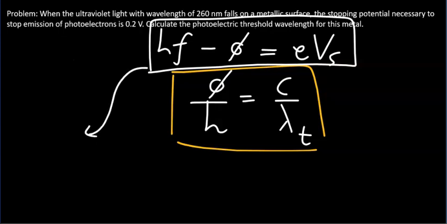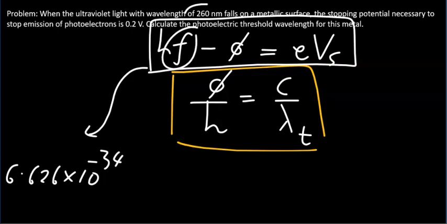Using this equation, h is Planck's constant, 6.626 times 10 to the power minus 34 joule seconds. The frequency can be calculated because we know the wavelength. Frequency is speed of light over wavelength.